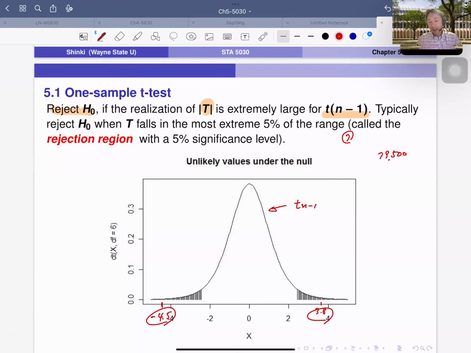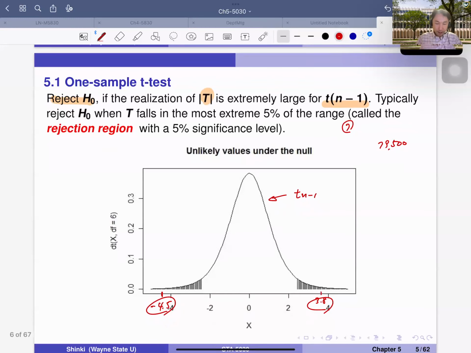That is the idea of statistical testing. We think about the theoretical distribution of capital T, and if we get an extreme value under this distribution, then probably our hypothesis is incorrect.